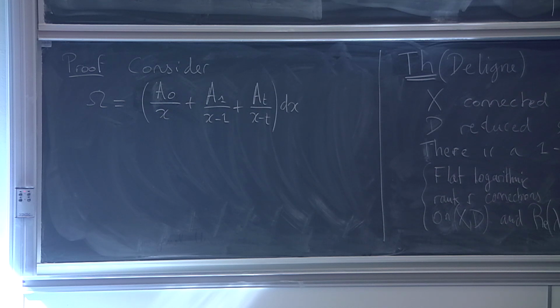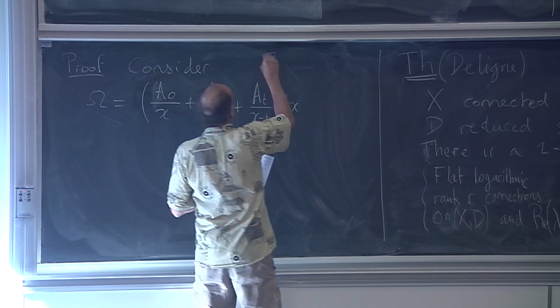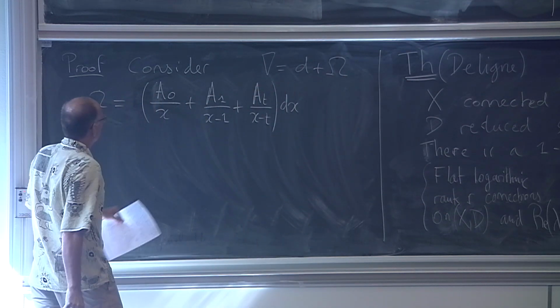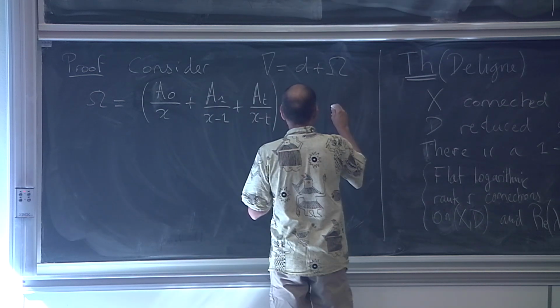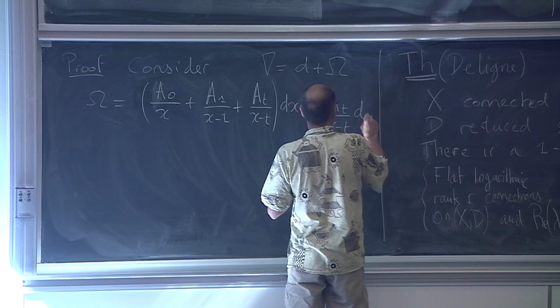So I consider the connection d plus omega, where omega has the following form, minus AT over x minus t times dt.